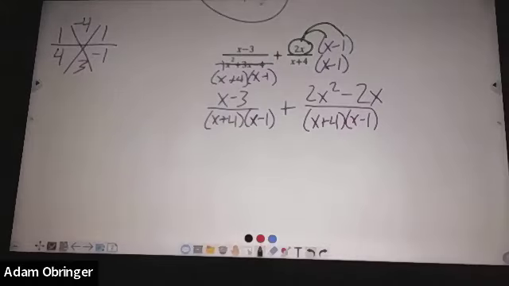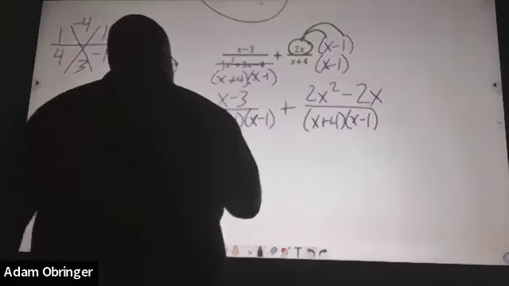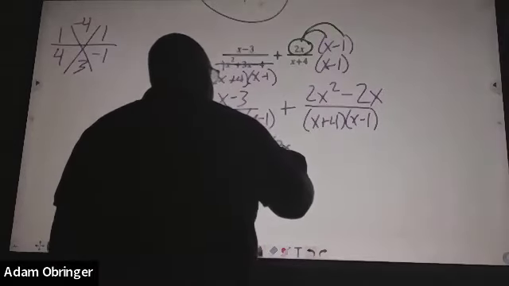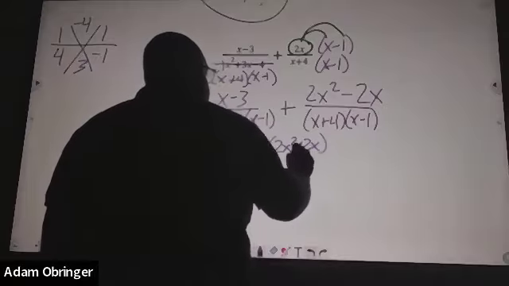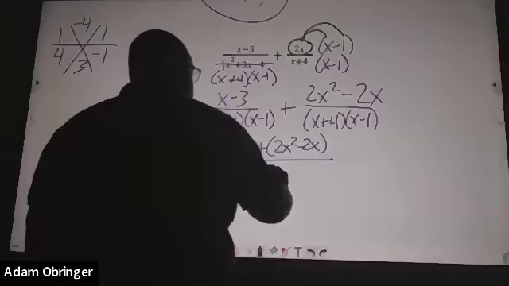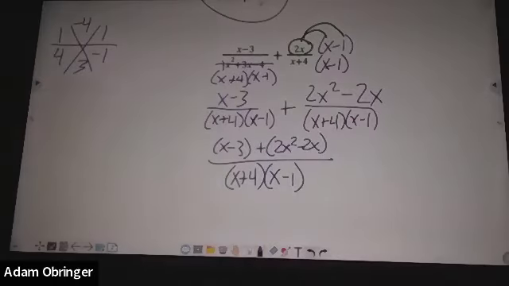Okay. So now that I have the same denominator, I can write it as two numerators added together with one denominator. So x minus 3 plus 2x squared minus 2x all over a single x plus 4, x minus 1. Your hand's going to get real tired by the time you do these problems.